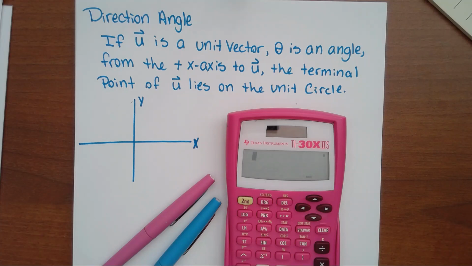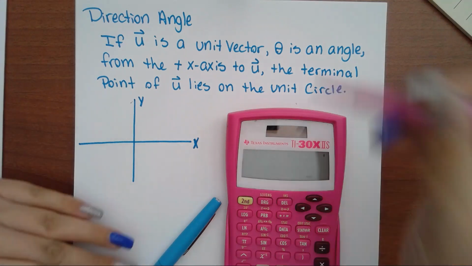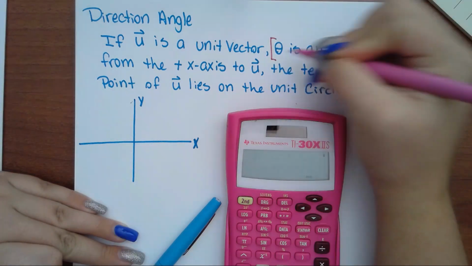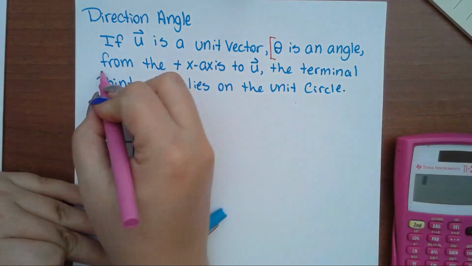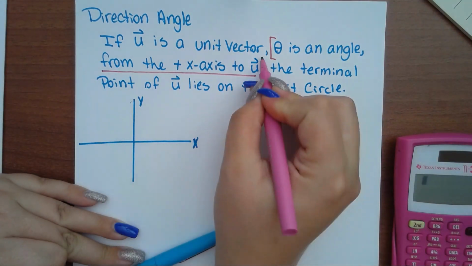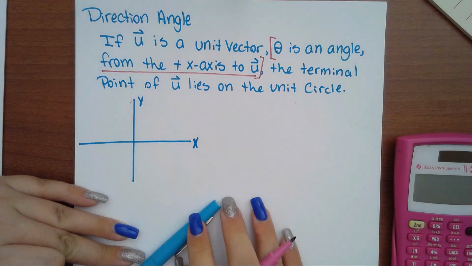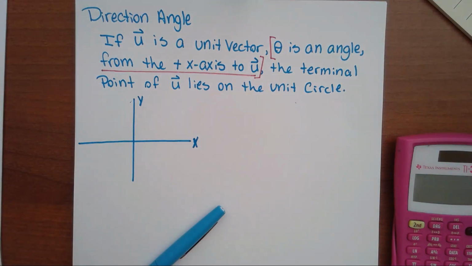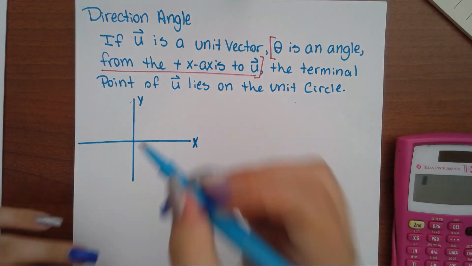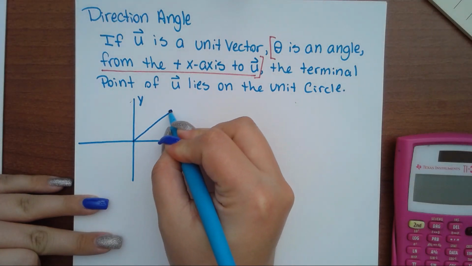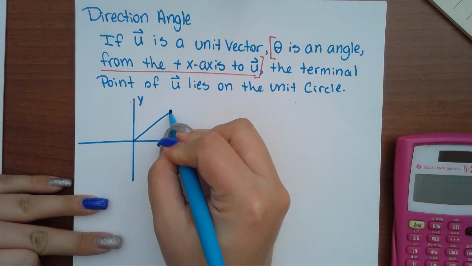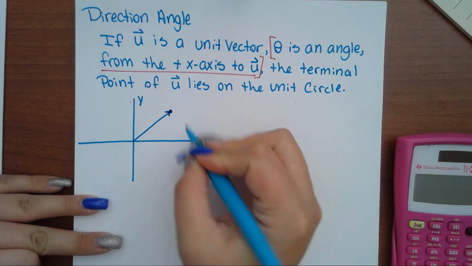The part that's important here is that theta is an angle from the positive x-axis to u. Okay, so what does that mean? Just to give you kind of an image. So let's say we have a vector, and remember our vectors always start at 0 and they go out to that terminal point. So here's my terminal point, and here's my vector.